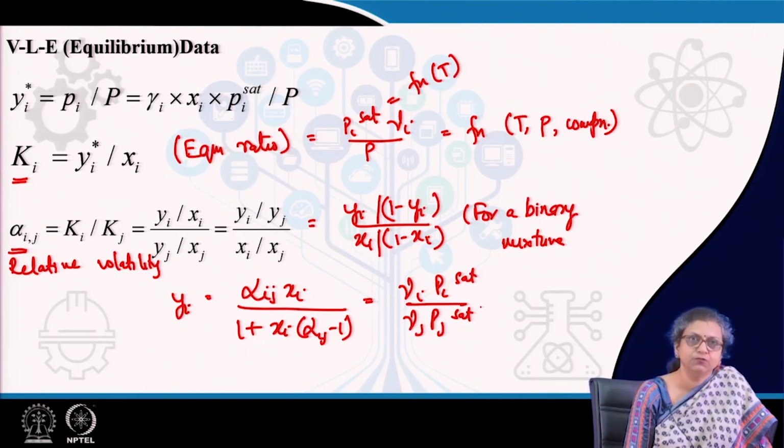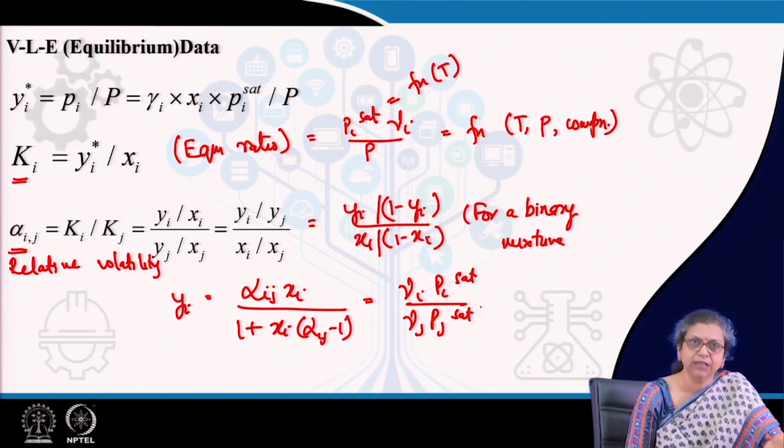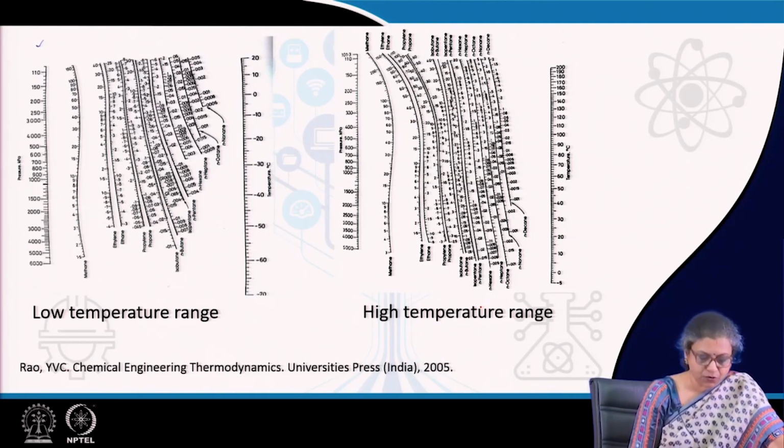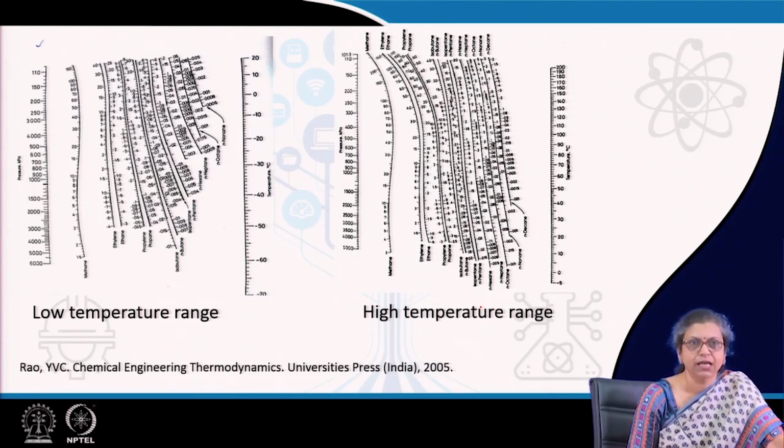Conventionally, K values are used for ideal solutions, and as you have already studied, solutions are ideal for adjacent members of a homologous series and for isomers, etc. Therefore, K values are available for hydrocarbons.